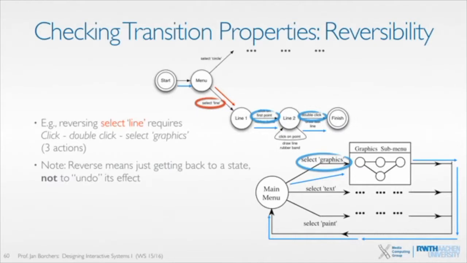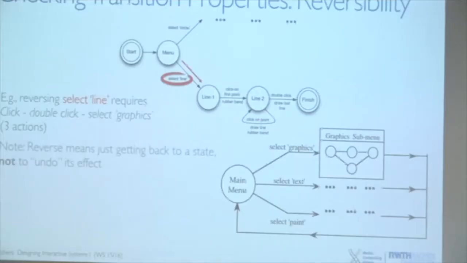Well, we can see once I entered the graphics menu and picked the line tool, because there's no other way to get out of this, at least not according to the STN, I need to actually go ahead and first click on this thing, then double click to get to the last line, and then I need to go all the way back to the main menu, and then I need to select the graphics menu again to actually get back to the same state. So that's a lot of work, right?